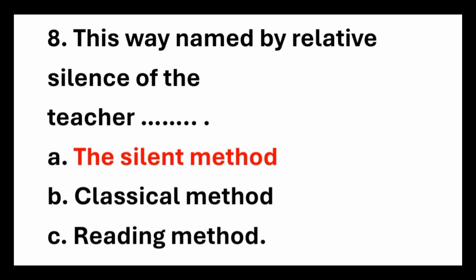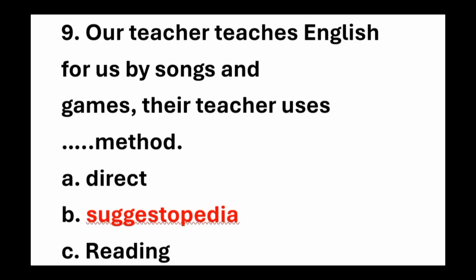8. This way named by relative silence of the teacher. A. The silent method. B. Classical method. C. Reading method. 9. Our teacher teaches English for us by songs and games. Their teacher uses method. A. Direct.